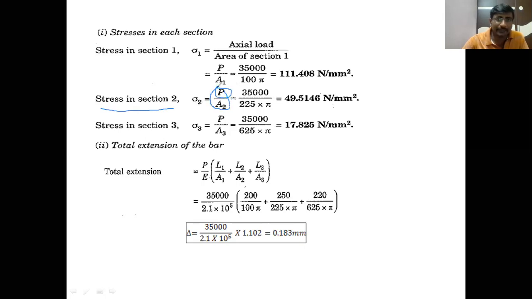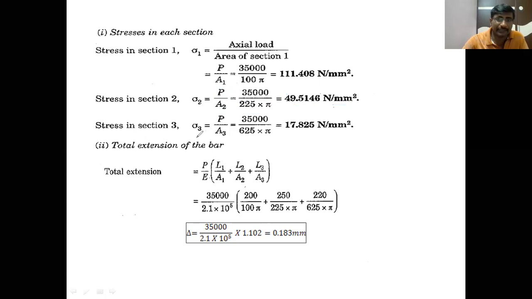The load applied on that member is the same as that of the first section, 35,000 newtons, and the area of the second section is 225 pi. Therefore, the stress in the second material is 5146 newtons per mm square or megapascals.